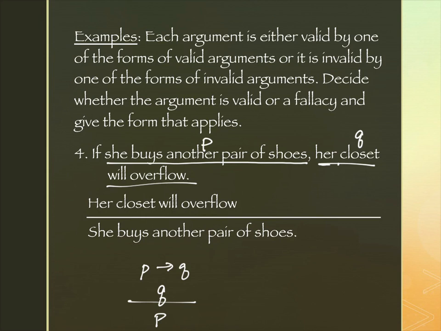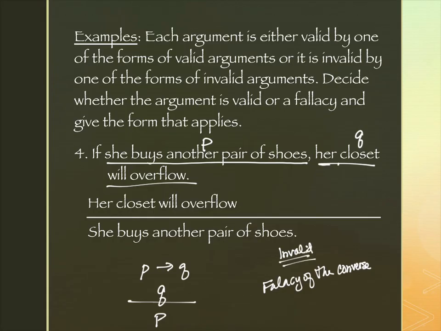Look back at your list of 6 items. Which one does it match? And be careful. The order and the structure of the P's and the Q's matters. Which one is this? It is fallacy of the converse, which means that the argument is invalid.